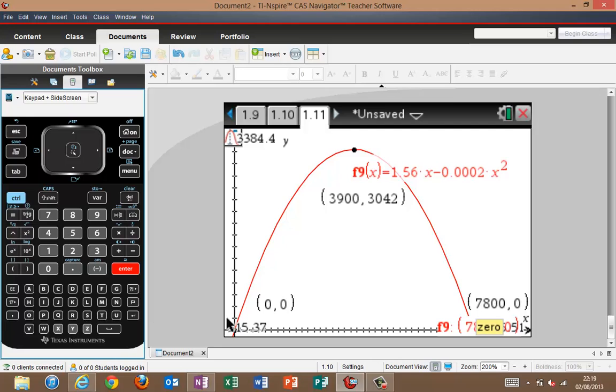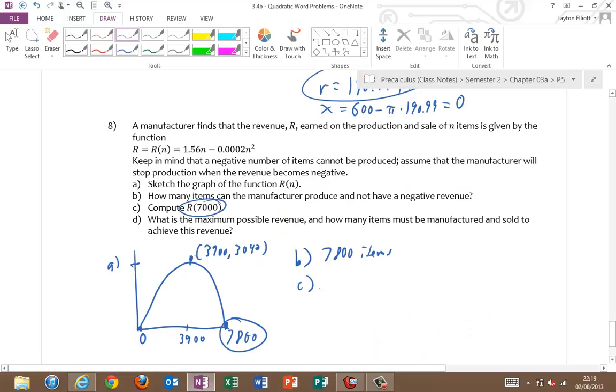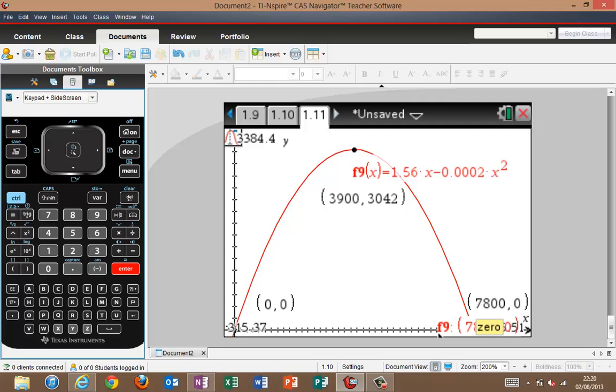See, as soon as I move it, I lose it. Let's try 7,000. You can see down at the bottom right it says 7,000, and then 1120. So I know that R of 7,000 is 1120, and that's $1120.